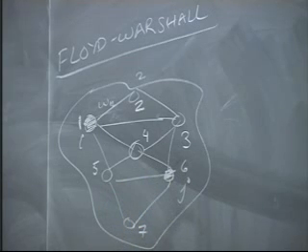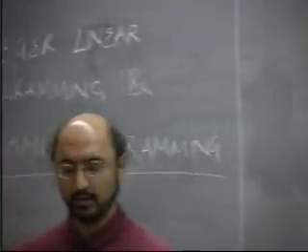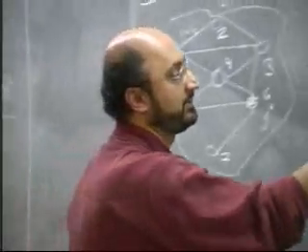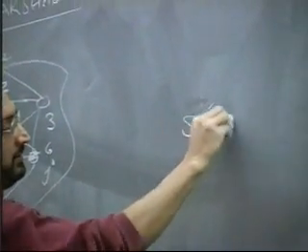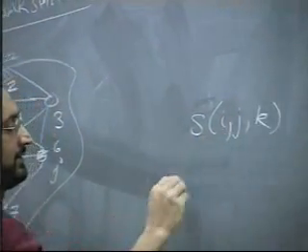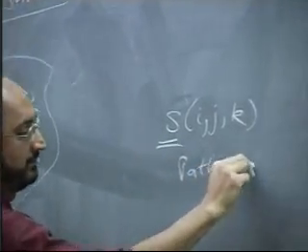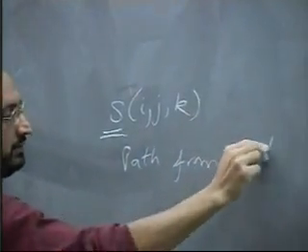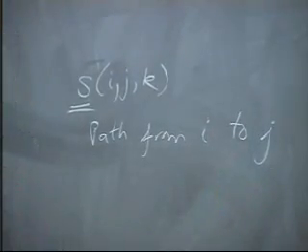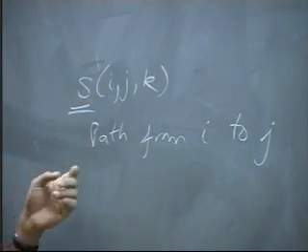So what is the problem structure? How do we find the optimal subproblem? Now, this is a bit tricky, and I chose this because I'm illustrating that it's tricky. I'm going to define something called S_ijk, and this is a path from i to j. But what is this k for?